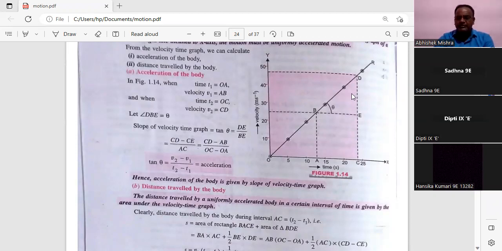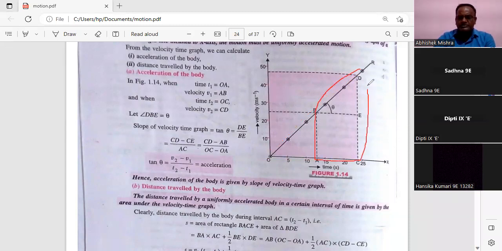And how can the area of the triangle BDE be calculated? Half into base into height. So half into base, which is BE, and height, which is DE. Do you agree?